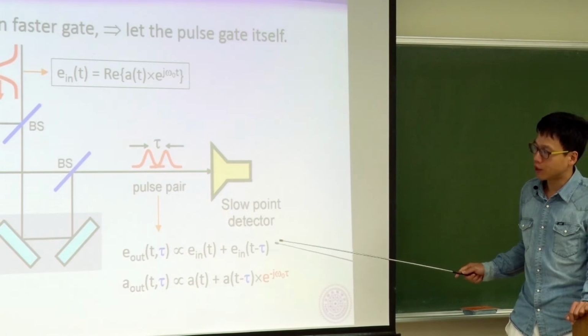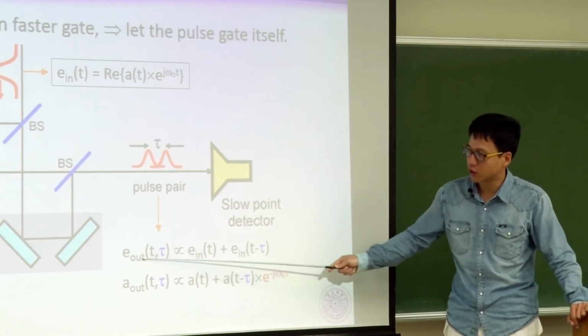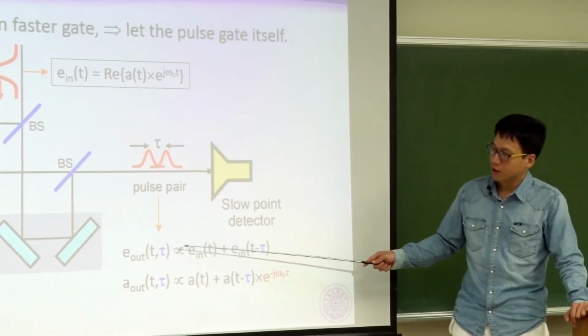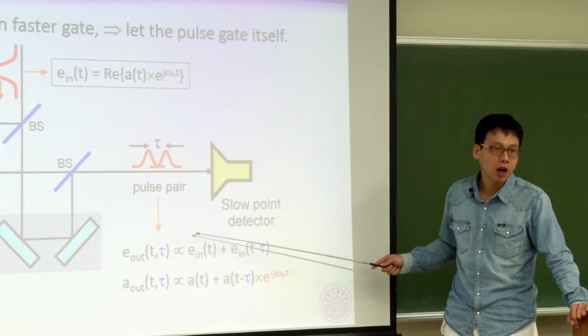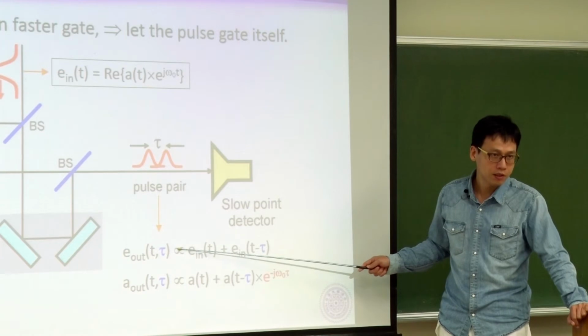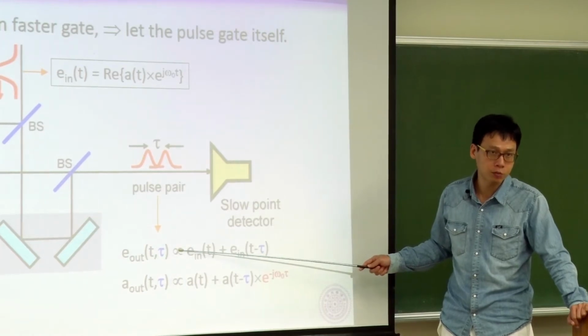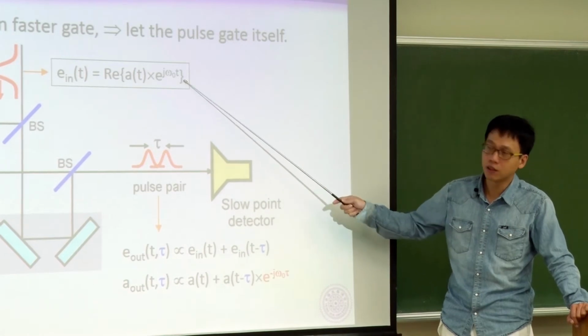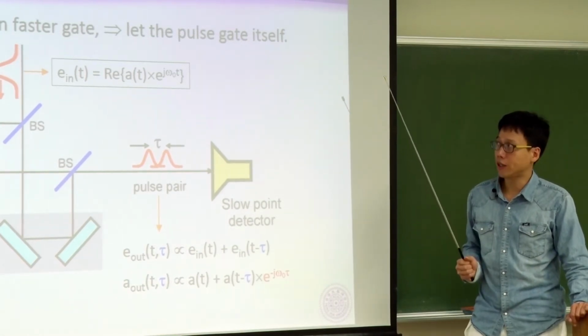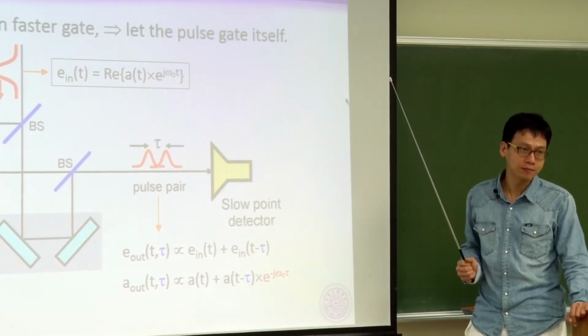Remember, we can start with the earlier equation, okay? The electric field of the pulse pair we have known. How to extract the corresponding envelope function from the field? You just look at the carrier envelope representation, right?